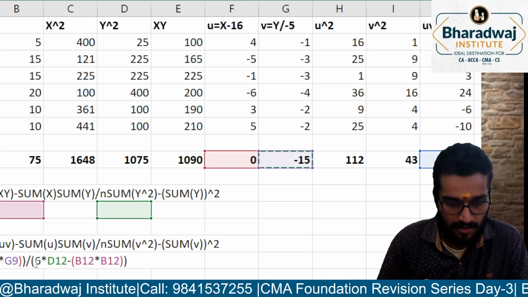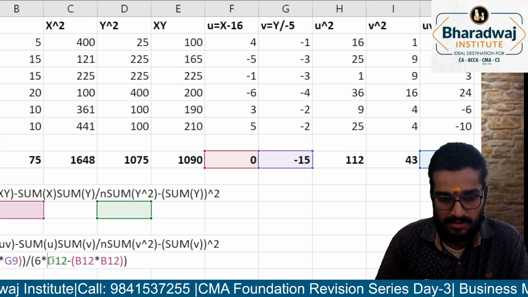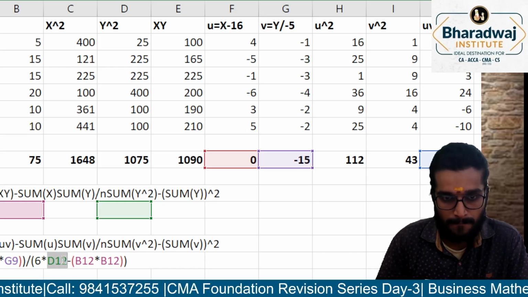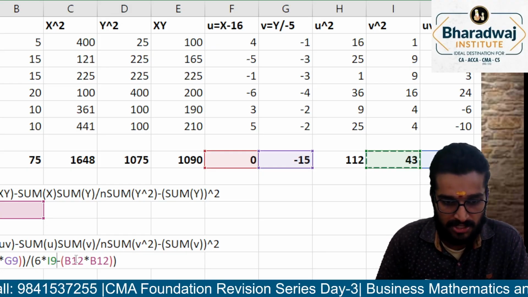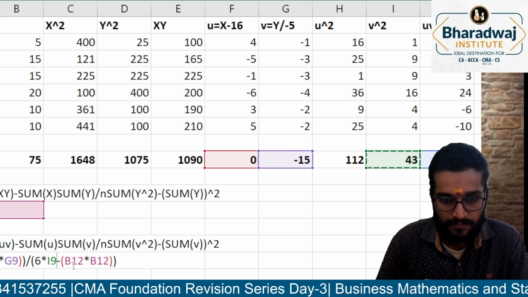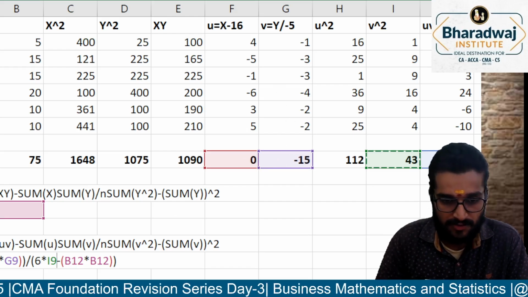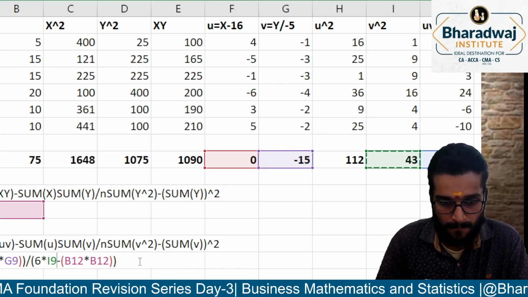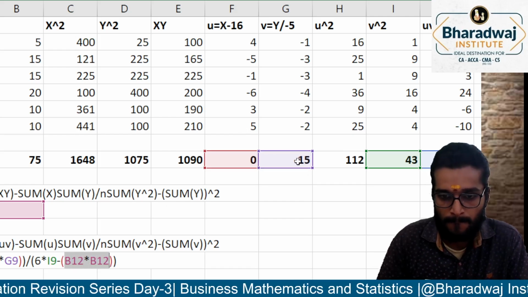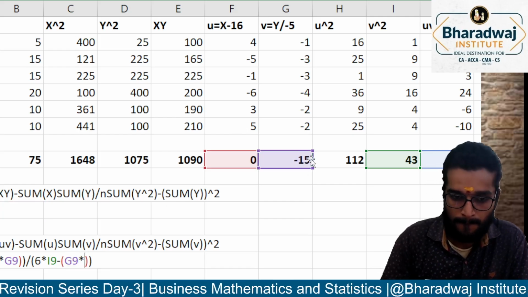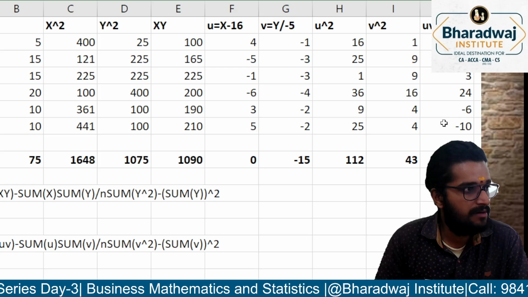Minus 15, divided by 6 times summation v square. Summation v square is 43. Summation v, the whole square, minus 15 times minus 15, right? Clear?